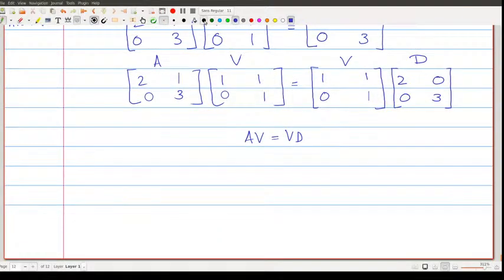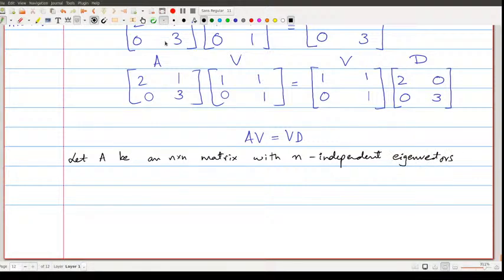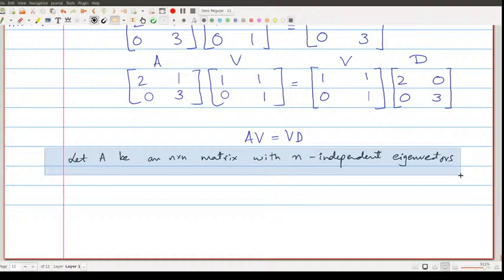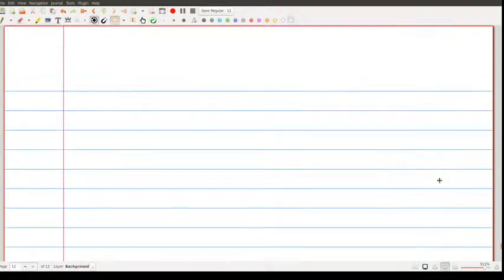So let's say A be an n by n matrix with n independent eigenvectors. Let me move this to the next page because I don't have enough space to carry out this calculation here.